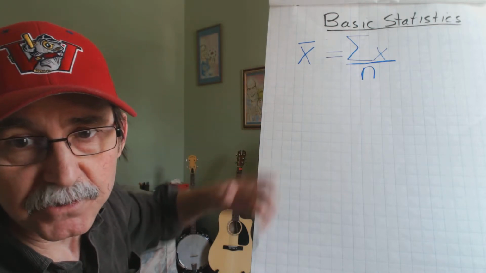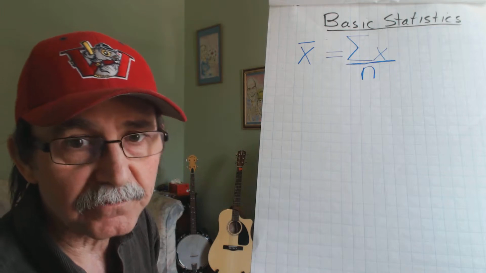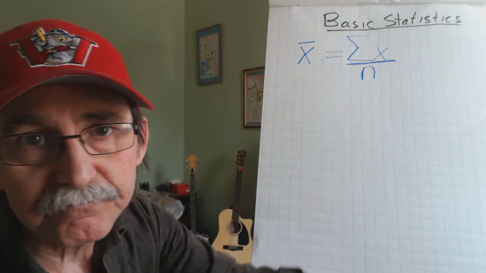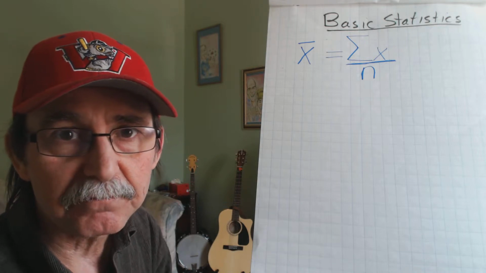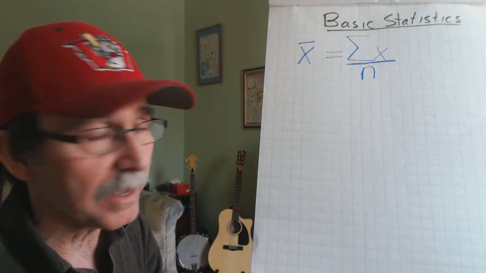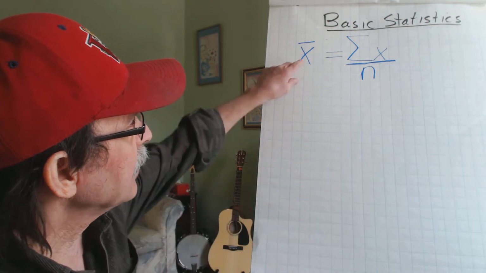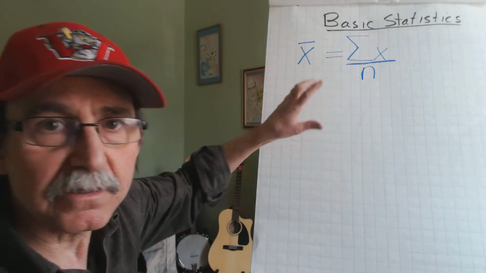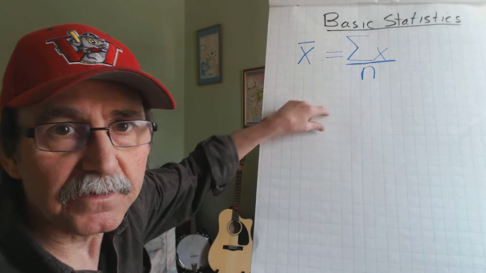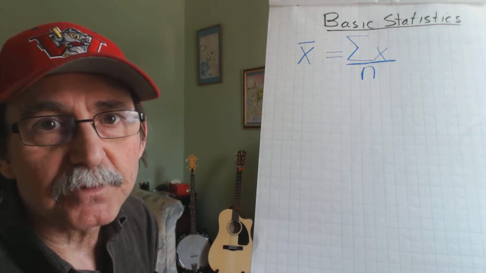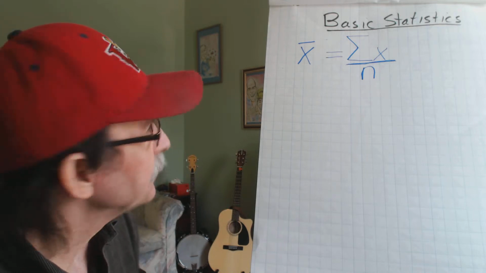Now, my assumption is that if I were to give you a whole bunch of numbers and ask you to find the mean, you'd be able to do it without a lesson. I'm counting on that. If I give it to you this way, however, it looks different, and this way allows us to use some algebraic techniques and so on.